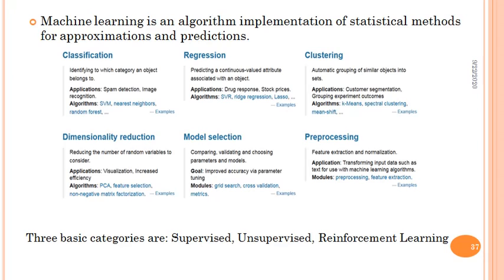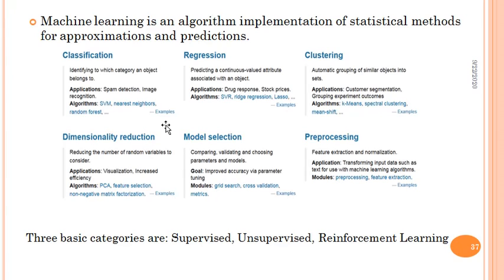On a bigger picture, machine learning algorithms are used for certain tasks, right? They can be used for classification, regression, and clustering. Let's have a brief look at all of these categories. If we talk about classification, it means we are trying to identify which category an object belongs to.